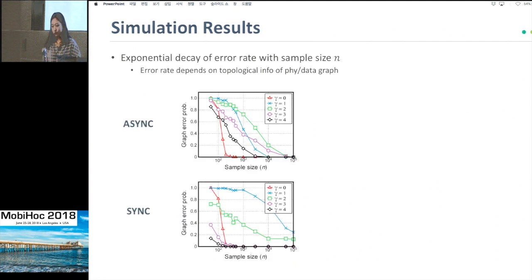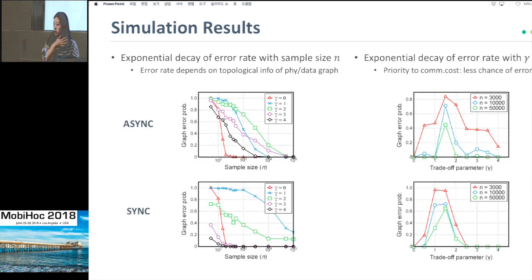We also have two simulation results about these results. For the synchronous and asynchronous distributed methods, as the sample size grows, we see that the error probability of our graph structure learning algorithms decays exponentially. And also, for different values of the trade-off parameter, we have a different shape of the error probability.